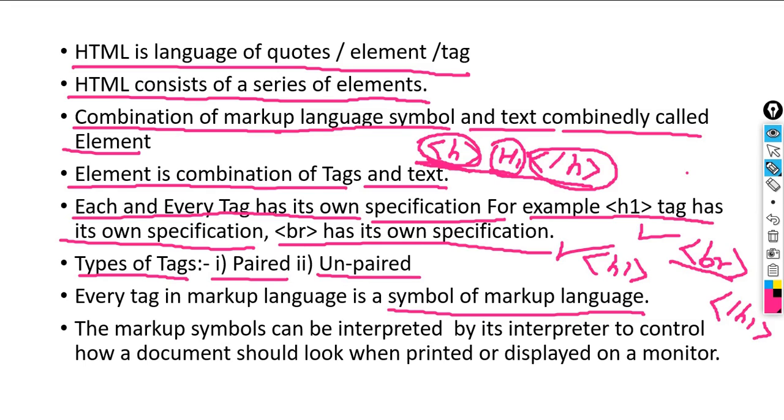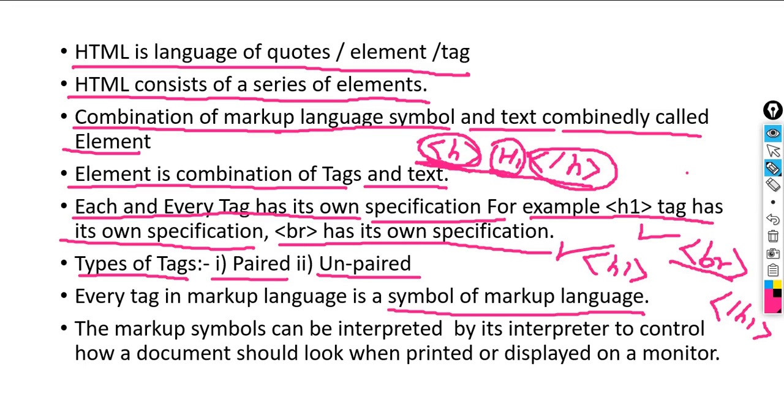Now, HTML is a series of elements. An element is a combination of plain text and markup symbol. What is a markup symbol? A markup symbol is nothing but a tag.